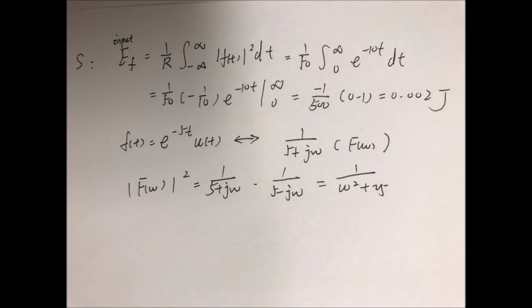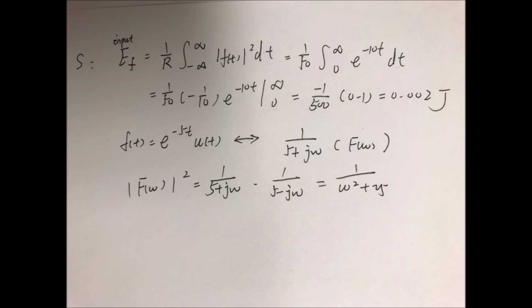So we have minus, right? Now substitute t with 0 and infinity. Put the minus sign here. So 500.